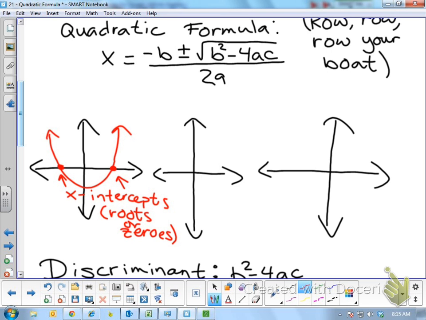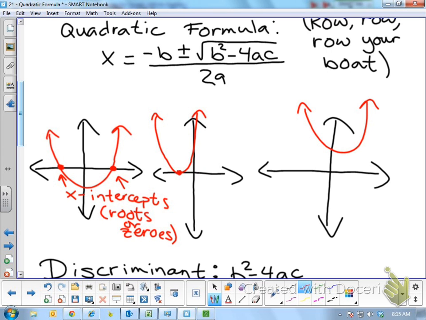So it may cross through the x-axis 2 times. The second possibility is maybe our parabola just barely touches the x-axis, and it only hits it 1 time. Or, the last possibility is maybe it doesn't hit the x-axis at all.